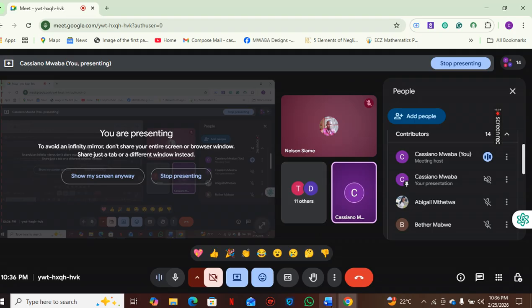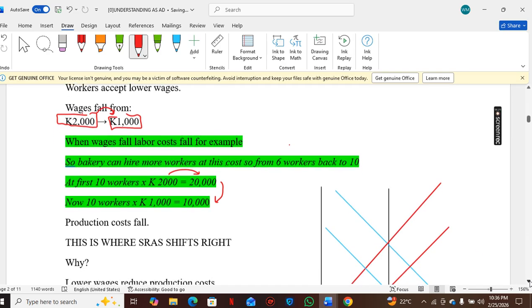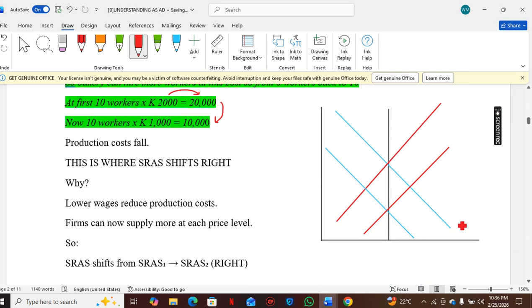So it means we can even hire new workers, because our production costs have dropped. And due to this lower production cost, you can produce more bread.